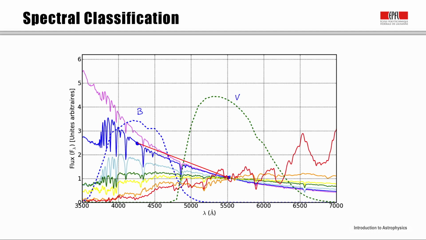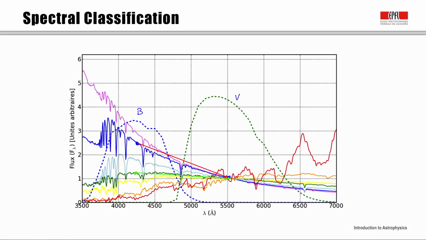If I now take the green star on this figure, I have a first measure in the B filter and a second one in the V filter, and I get then a much more horizontal spectrum slope. The star is thus less blue, simply because its temperature is lower than the previous star.